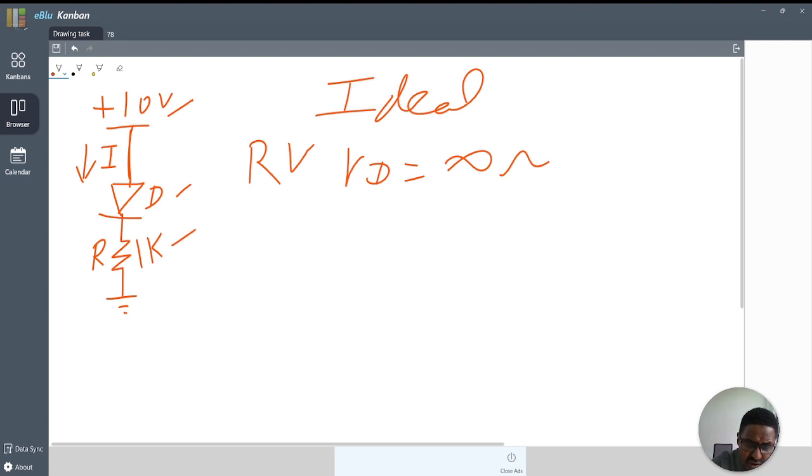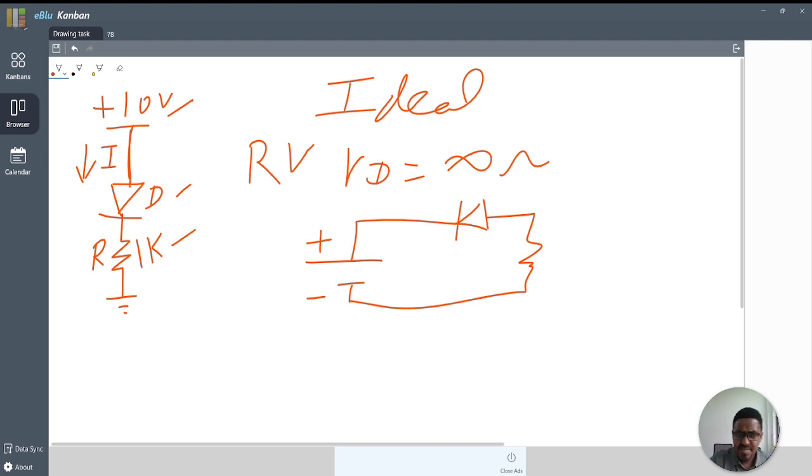The positive battery terminal connects to the cathode side, and the anode side connects through a resistor back to the negative side of our battery. During this time, the diode becomes an open circuit.